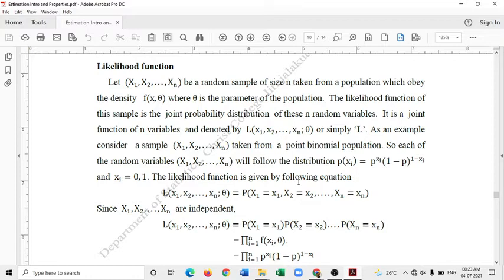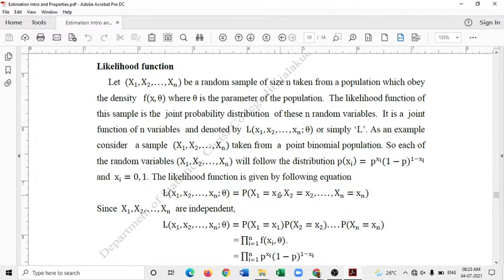Our aim is to obtain the joint probability distribution of x1, x2, etc., xn, that is a multivariate random variable. Here we consider the probability of the first variable X1 equal to x1 and X2 equal to x2 and X3 equal to x3, etc., Xn equal to xn, and they are separated by commas.